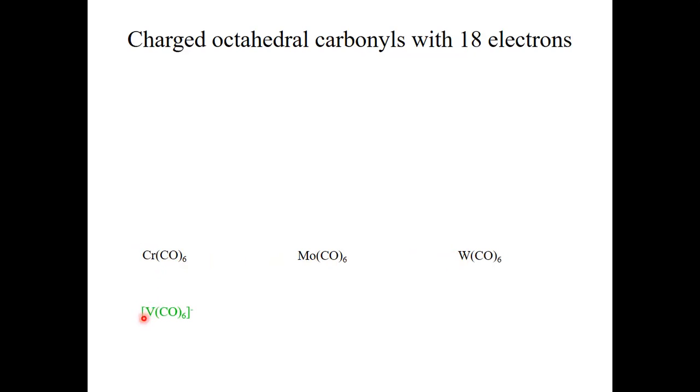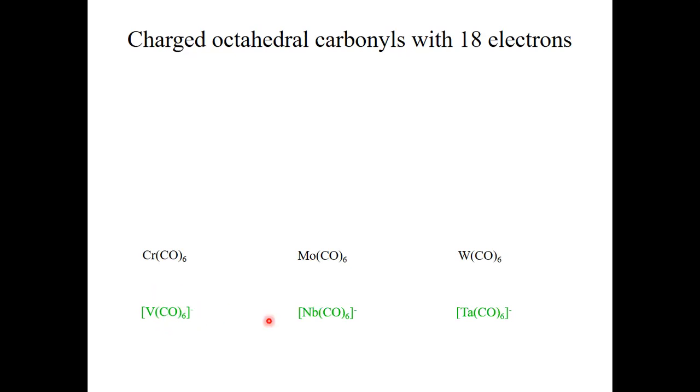So the vanadium has 1 electron less than the chromium. Therefore, if you want to realize an octahedral hexacarbonyl compound, then we would need to give this carbonyl a 1 negative charge. Does this carbonyl exist? Yes, this carbonyl exists in nature.